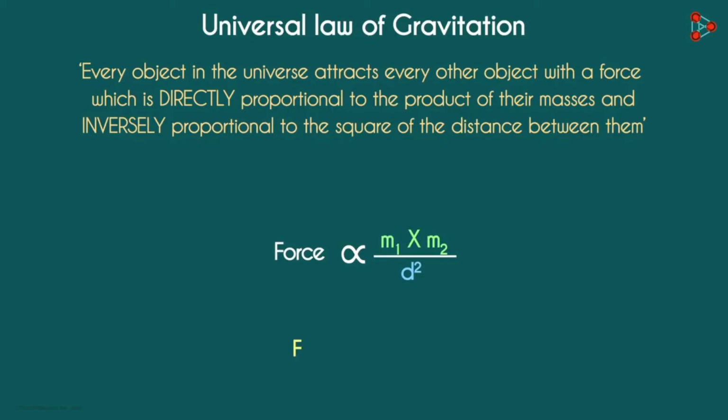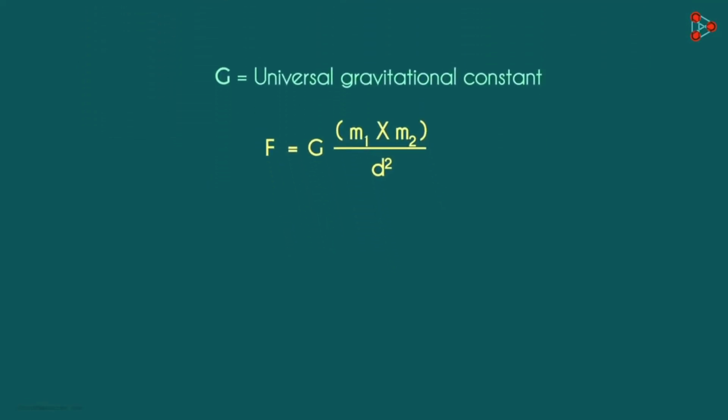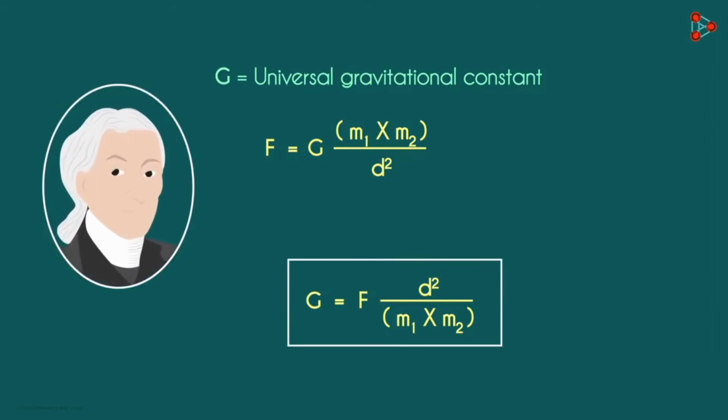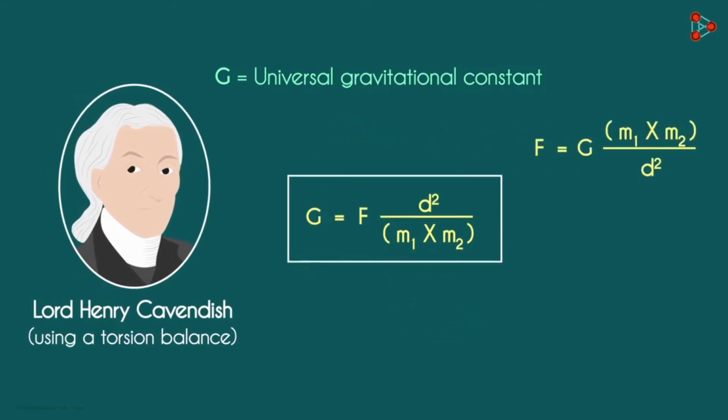This can be written as F equals G times m1 times m2 over d squared. G here is the constant of proportionality and is called the universal gravitational constant. The equation can be modified and written as G equals F times d squared over m1 times m2. The value of G was found out by Henry Cavendish using a torsion balance.